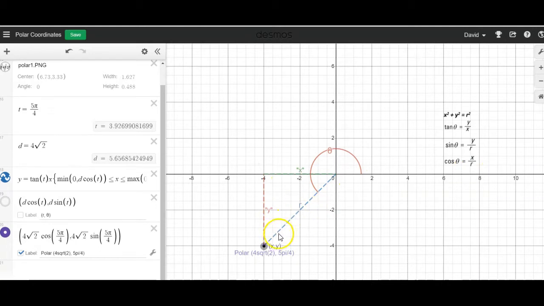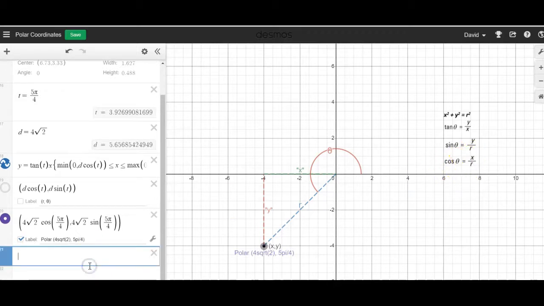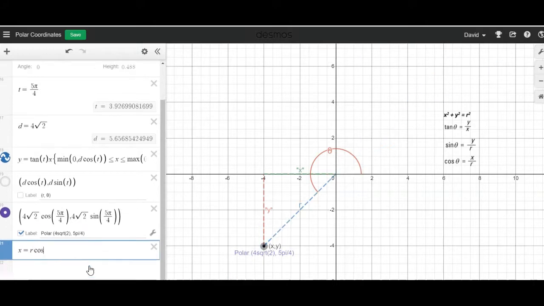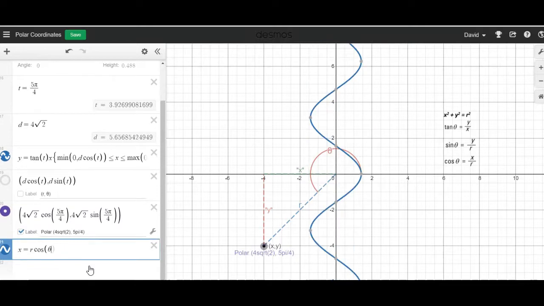Right? If we remember that, then we get the way to convert back. How do I get x? Well, just solve this for x. Multiply both sides by r, and you get x equals r cosine theta.